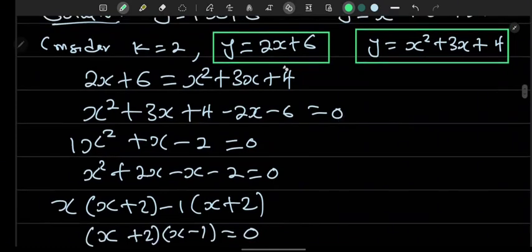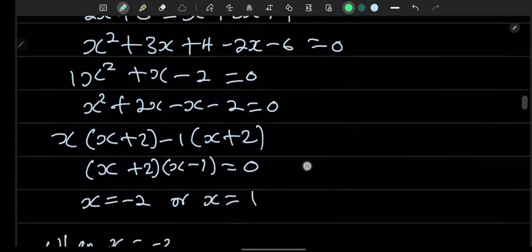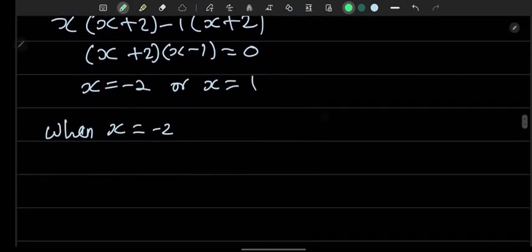To get y, we can use either of these equations, but preferably we should use the equation of the line, because that one is straightforward compared to the equation of the curve. So we have the equation of the line to be y equals 2x plus 6.